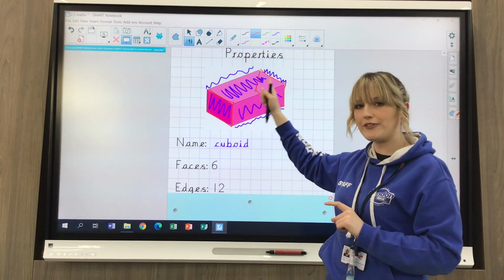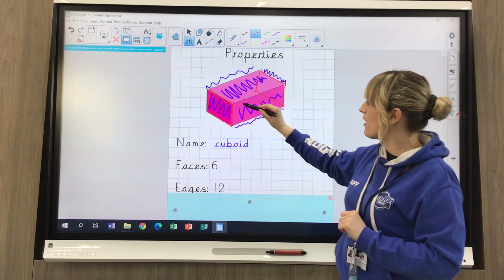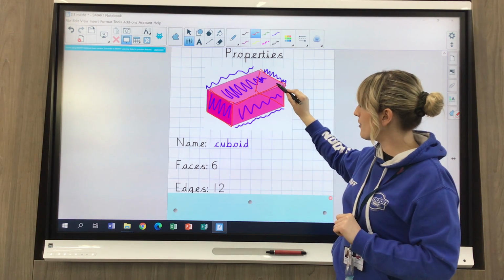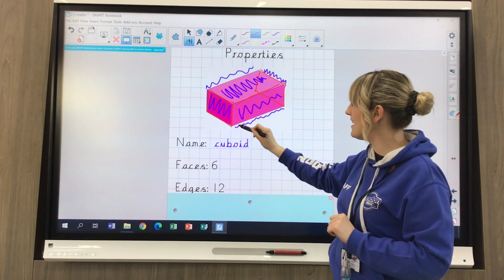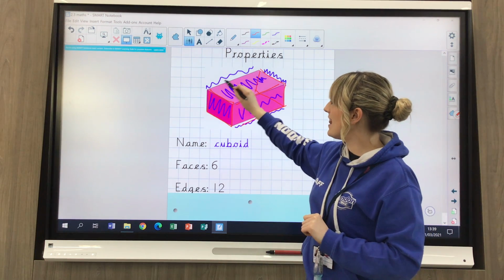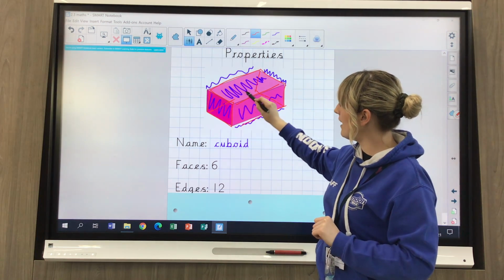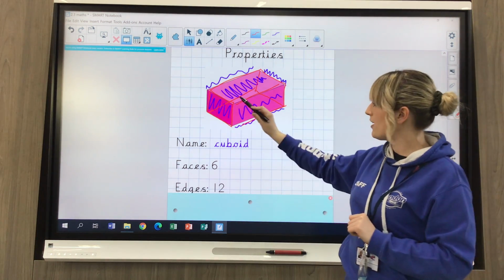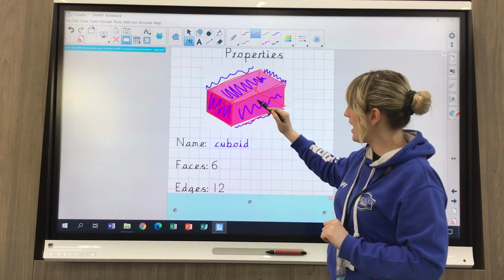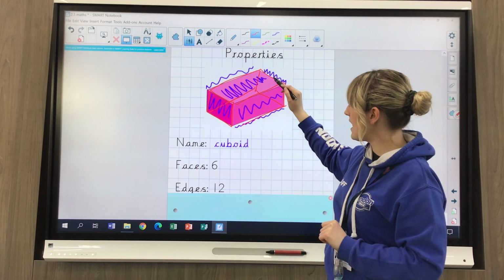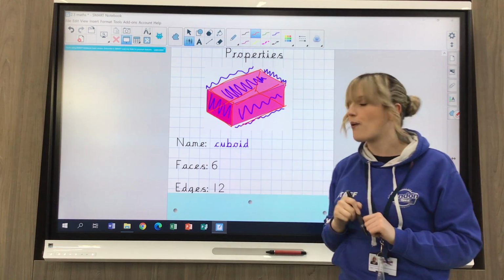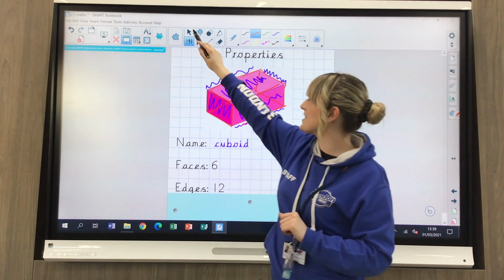Okay, so 4 add 4 is 8. Then 9, 10, 11, 12. So there are 12 edges.